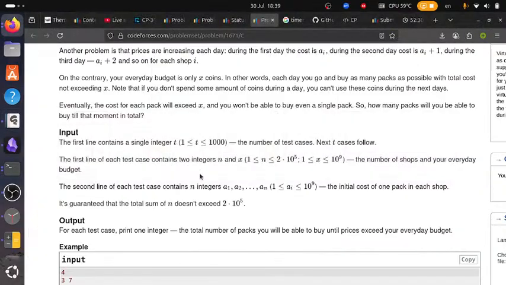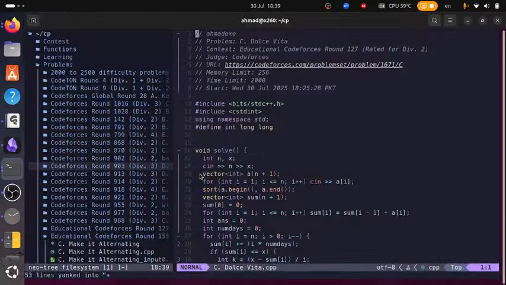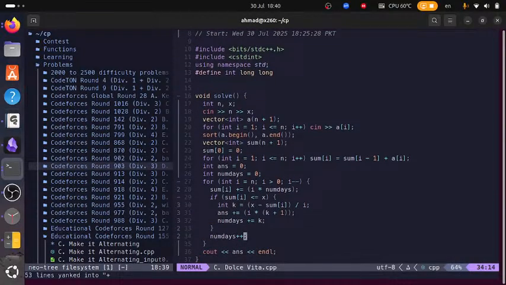So the number of days only gets incremented when we find something and we choose something, right?